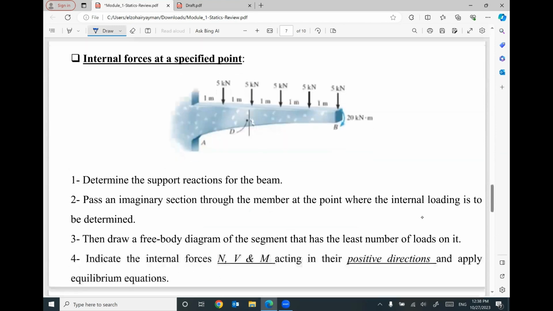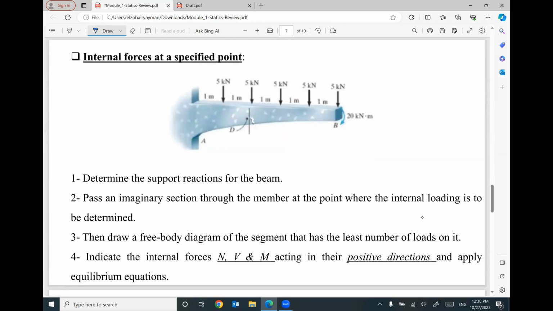So what we should learn in this part: we will be given a beam under the effect of external forces.